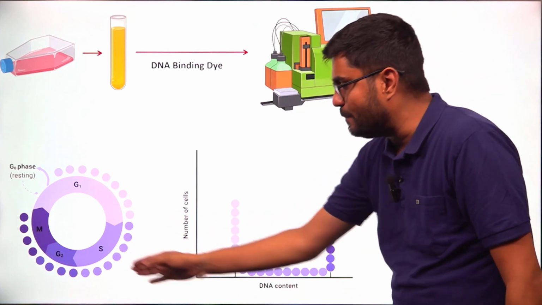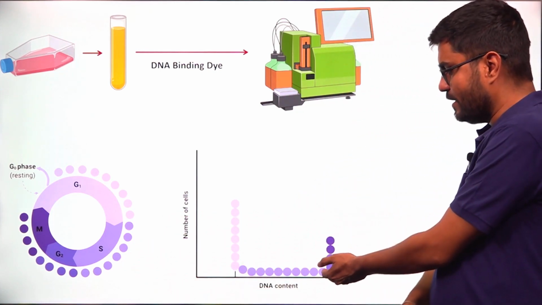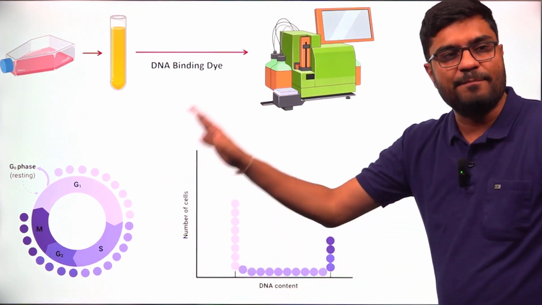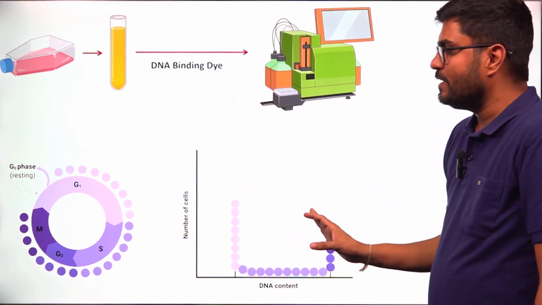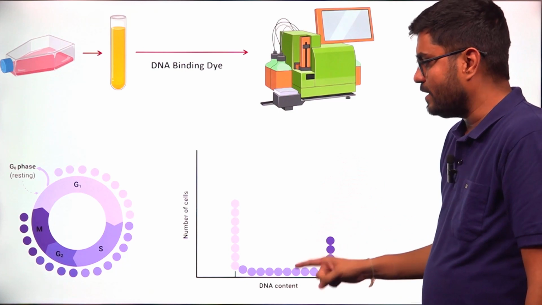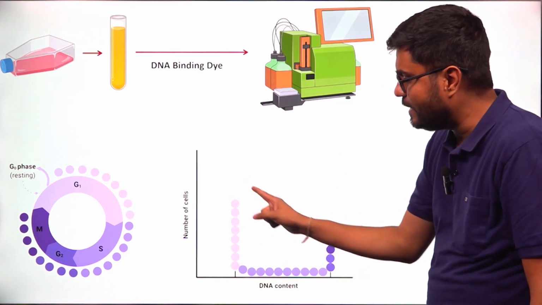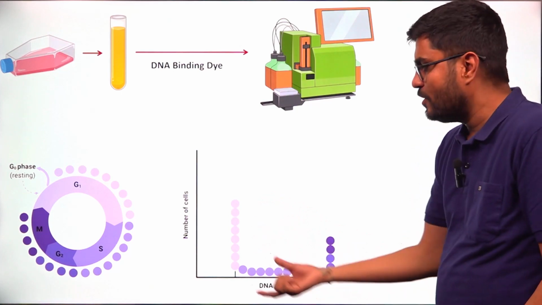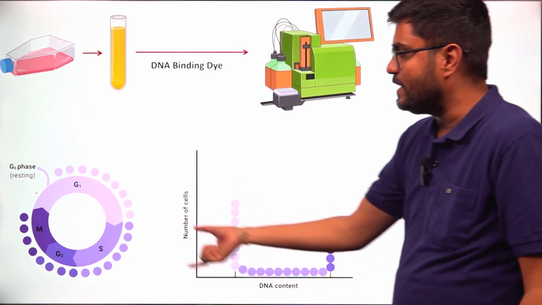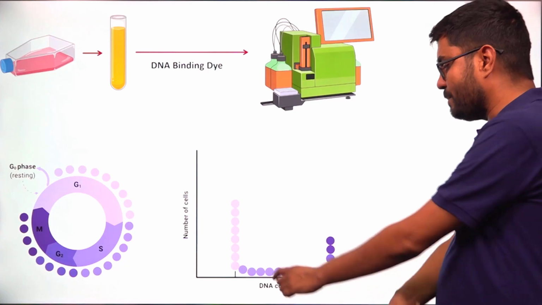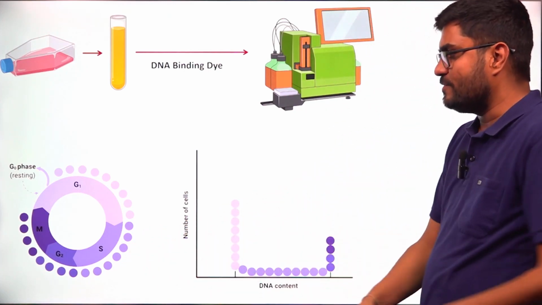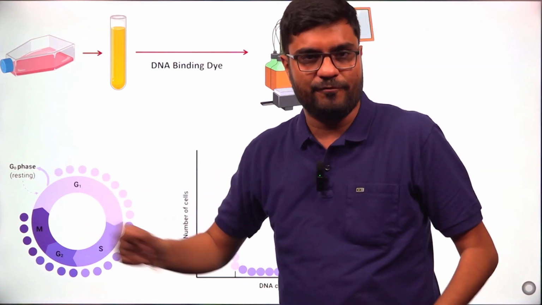If they have ended the replication, then the cells will be present here. And if they are in between, the cells will be here. So this type of graph we get in the flow cytometer. We can select the area and calculate the percentage of cells. So you can find out the percentage of cells in G1 phase, in S phase, and in G2M phase.